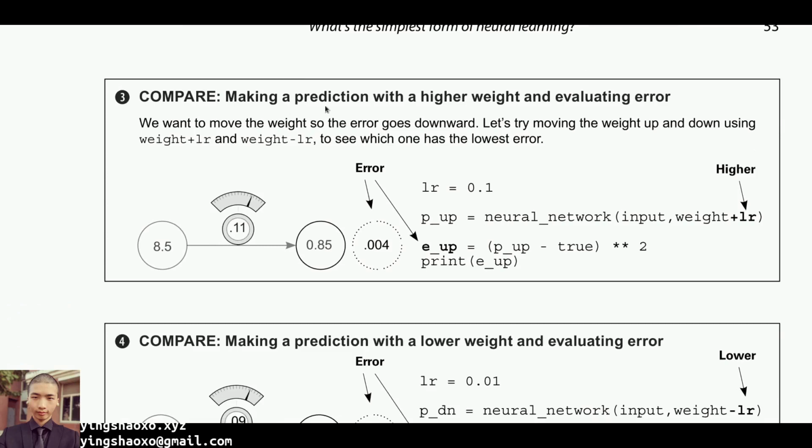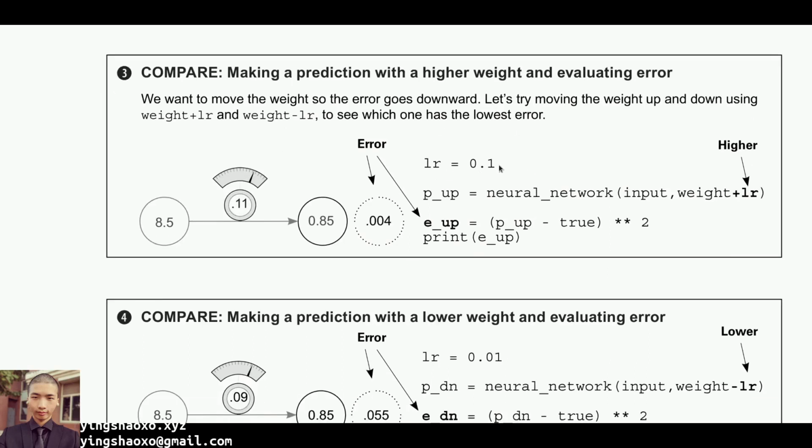Compare: making a prediction with a higher weight and evaluating error. We want to move the weight so the error goes downward. Let's try moving the weight up and down, using weight plus the learning rate or weight minus the learning rate, to see which one has the lowest error.